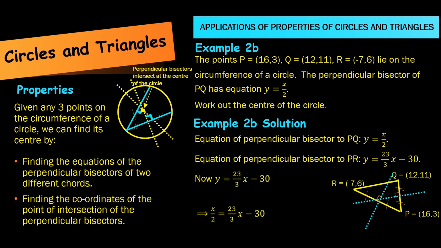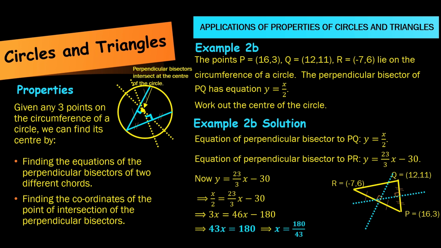And tidying up, or multiplying through by 6, gives us 43x equals 180. And finally, if we divide through by 43, we have that x is equal to 180 over 43.